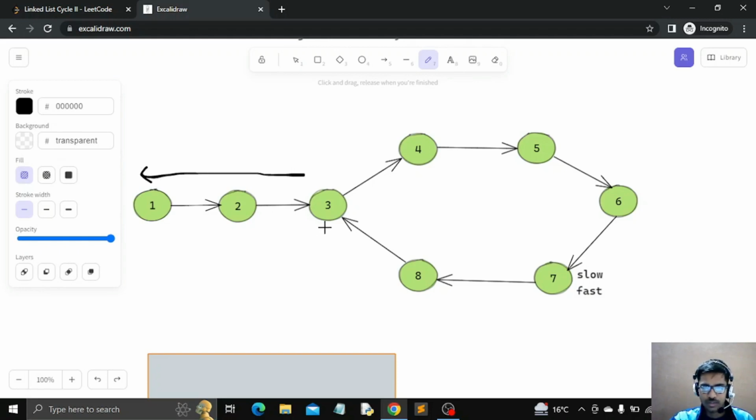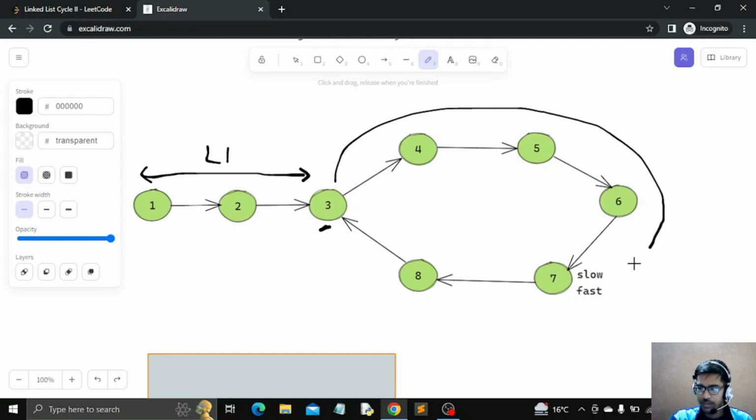So this is our starting node, right? And we need to identify it. So let us say that the distance from the head to the starting node is L1, and the distance from the starting node to the node where the two pointers have coincided, let us call this distance L2.